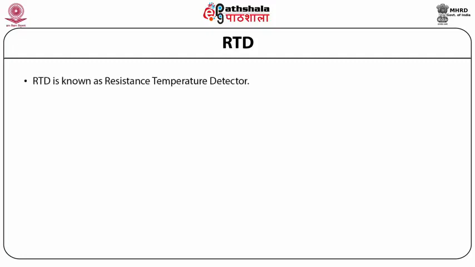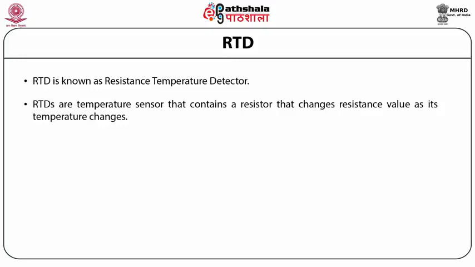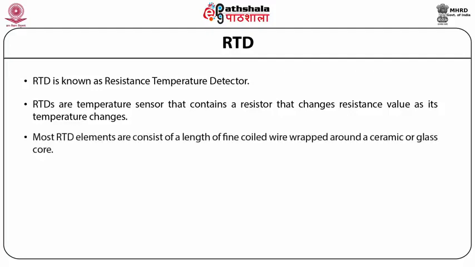RTD is known as the resistance temperature detector. RTDs are temperature sensors that contain a resistor that changes resistance value as its temperature changes. Mostly RTD elements consist of a length of fine coiled wire wrapped around a ceramic or glass core.